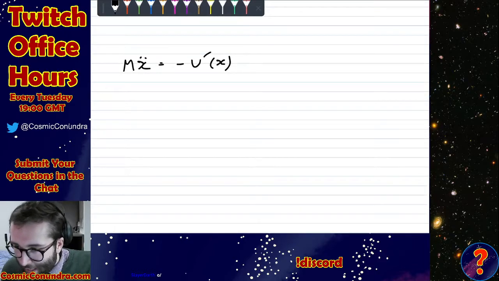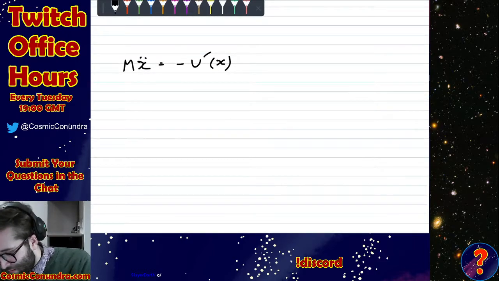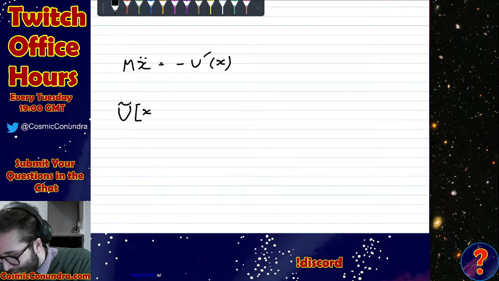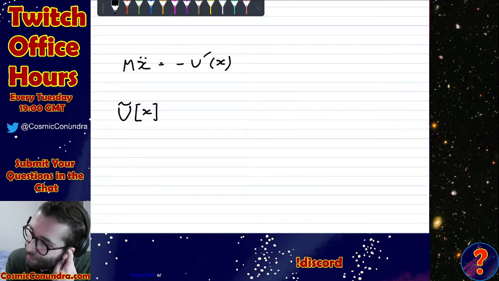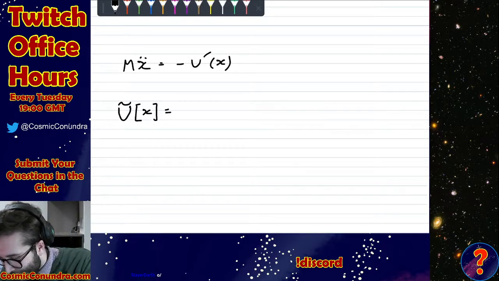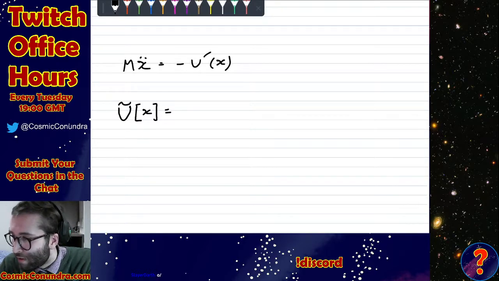To help with that, I'm going to define the average kinetic energy along a particular path. I'm going to define it as the time average.